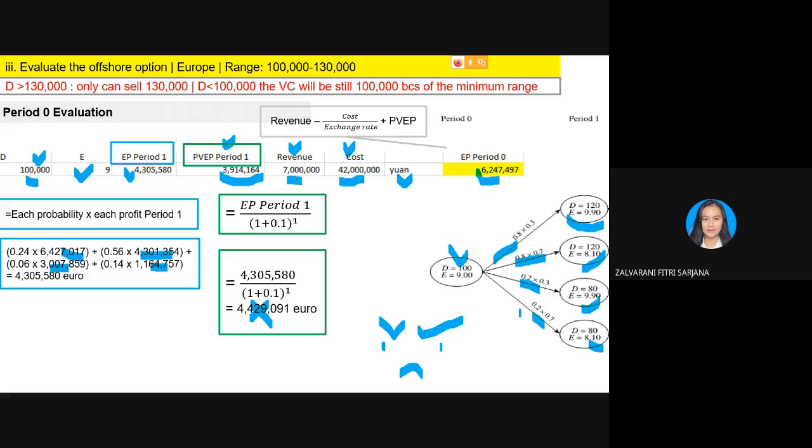Dulu di kelas reguler ROE ini nggak dimasukin, tapi buat jaga-jaga gue masukin juga nanti. Boleh ya rumusnya? Iya, sebenarnya tinggal ngikutin rumus aja kan ROE. Iya, benar. Oke.